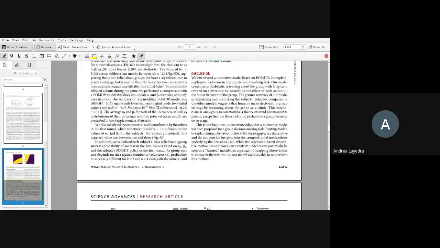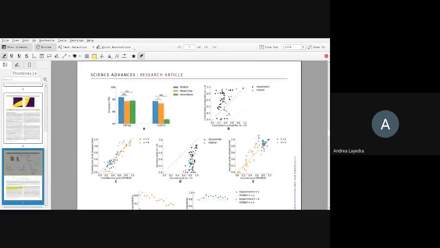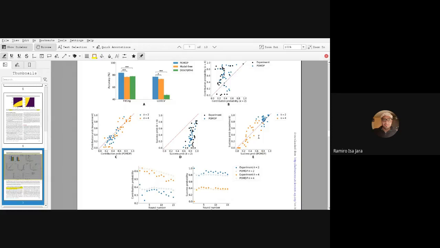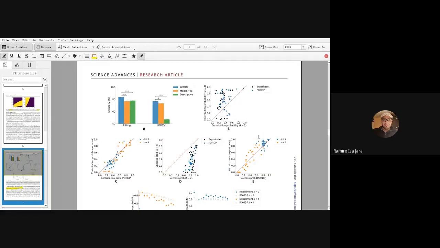Finally, this approach is compared with reinforcement learning algorithms such as Q-learning, and the results show increased accuracy in the predictions of new choices.